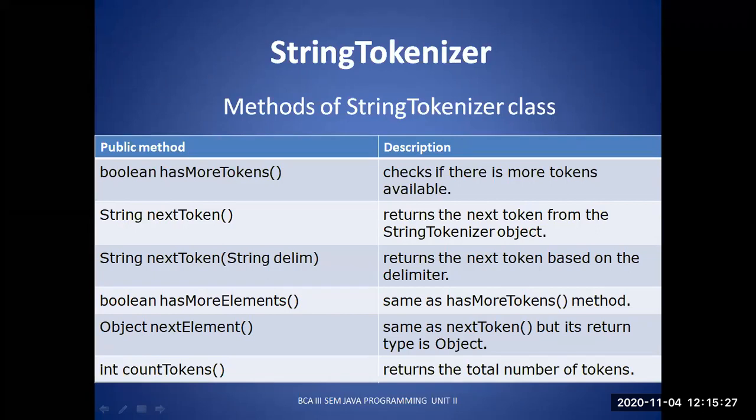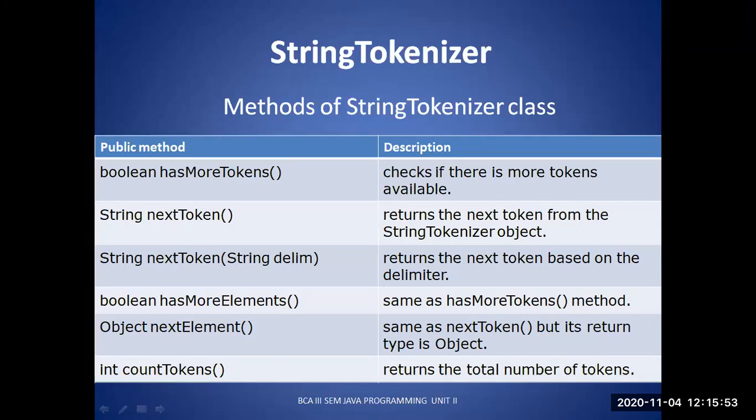Next, int countTokens. It will count the number of tokens possible in the string after delimiting it. After separating the strings, it counts the number of tokens and returns the value in the form of integers. So the return type of this method is int. It returns the total number of tokens.